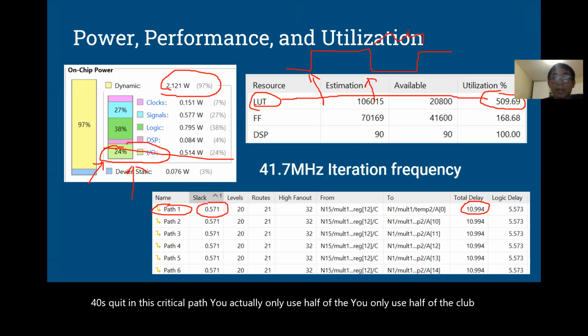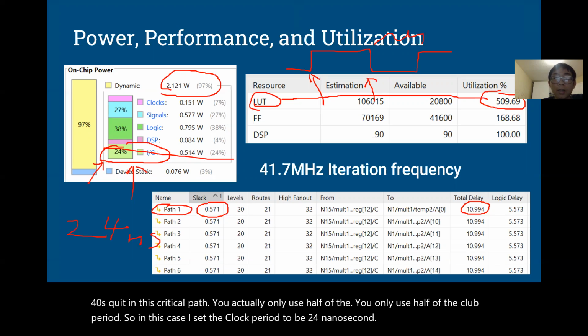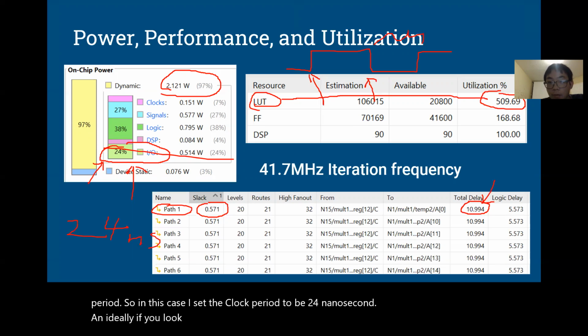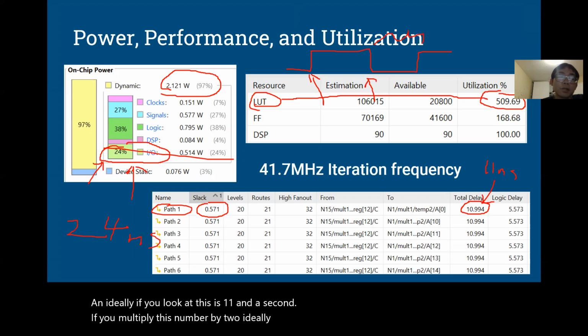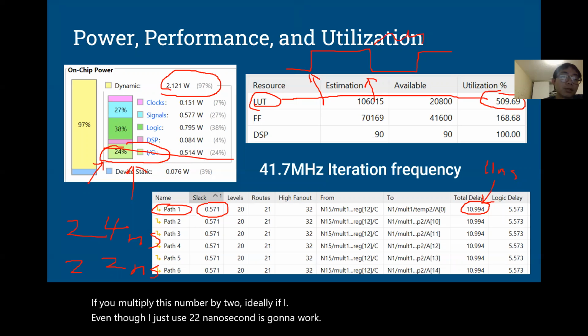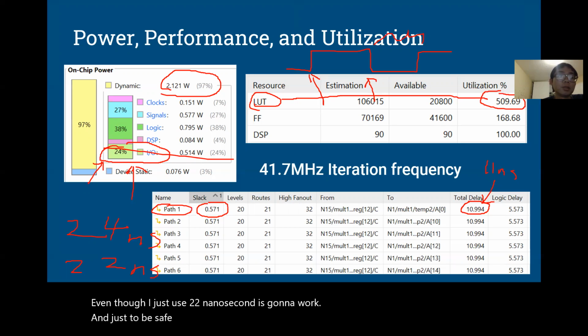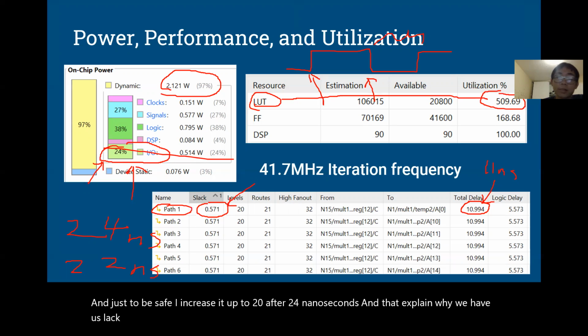So I set the clock period to be 24 nanoseconds. Ideally, this is 11 nanoseconds; if you multiply this number by 2, even if I just used 22 nanoseconds, it's going to work. And just to be safe, I increased it to 24 nanoseconds, and that explains why we have a slack of 0.571.